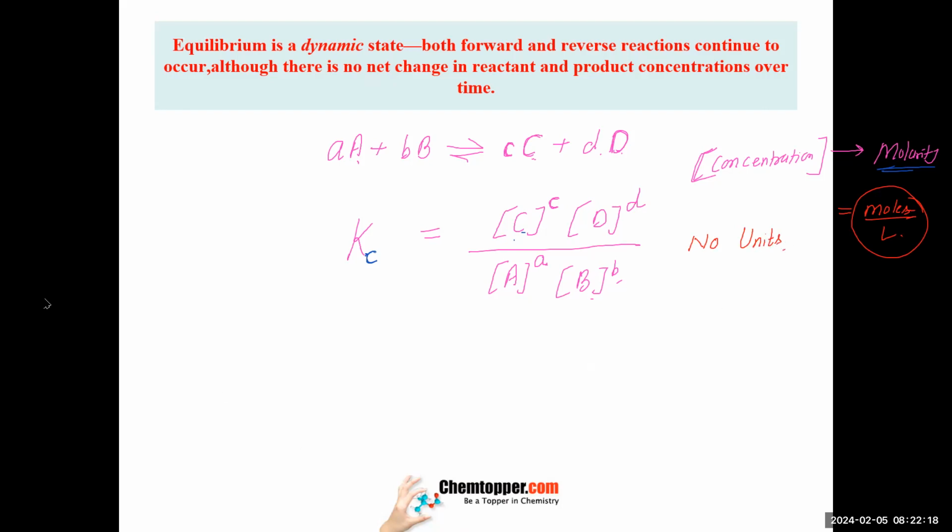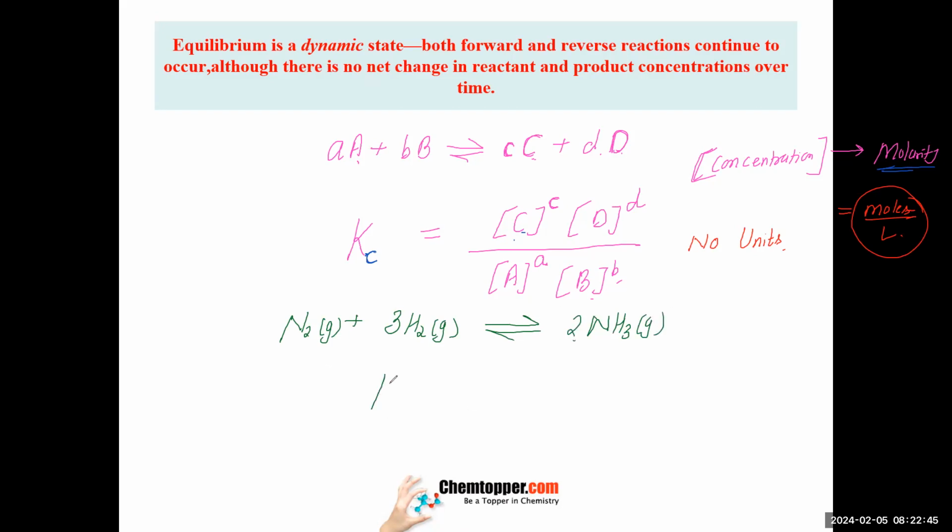Now I'm asking one question. You can answer the question and you can leave the class, but not without answering. All of you have to answer. Okay? The reaction is this. Nitrogen gas reacting with hydrogen gas, manufacturing ammonia gas, and there is an equilibrium.